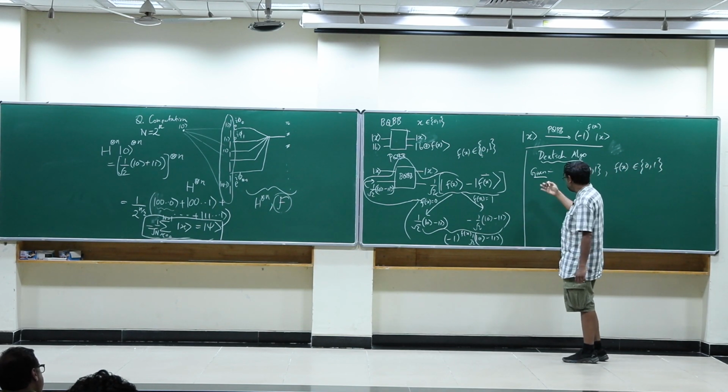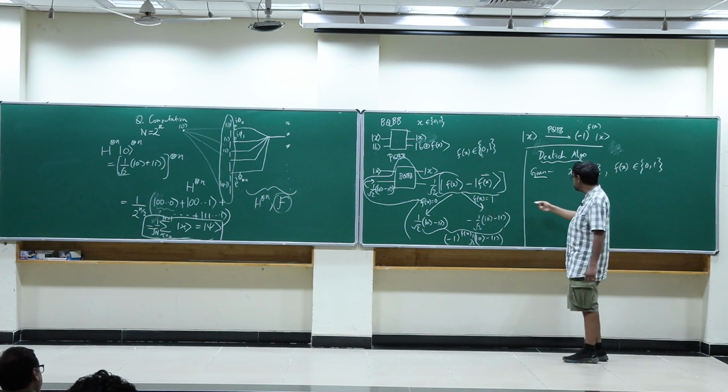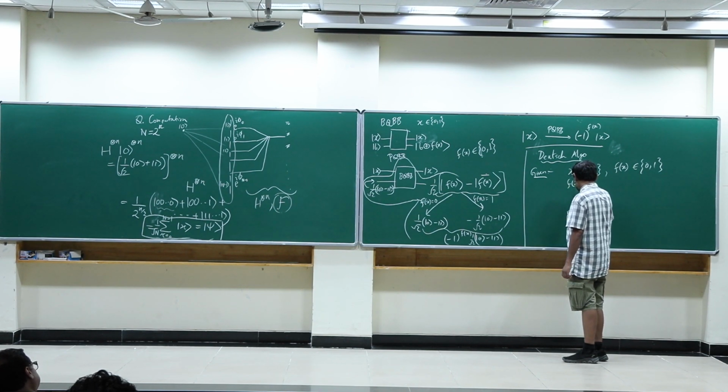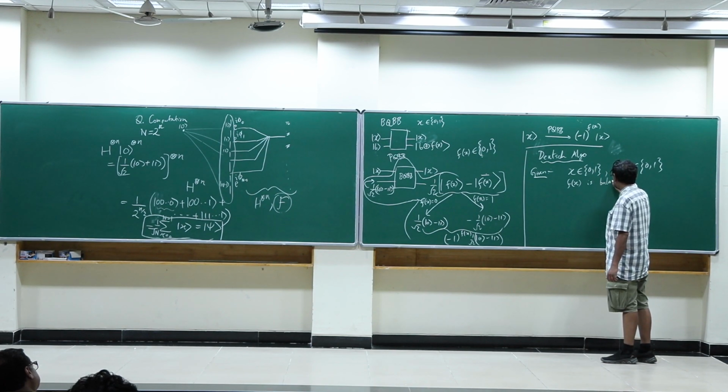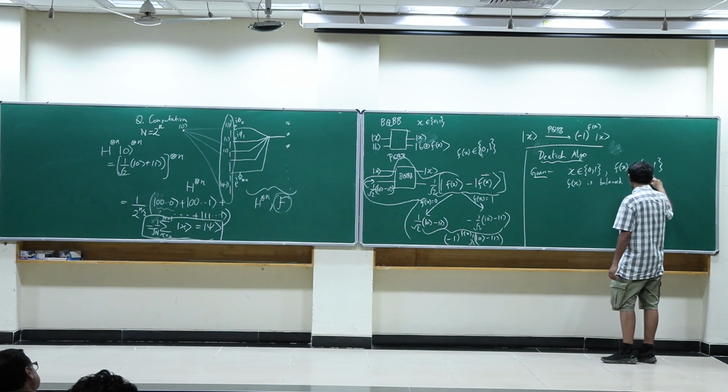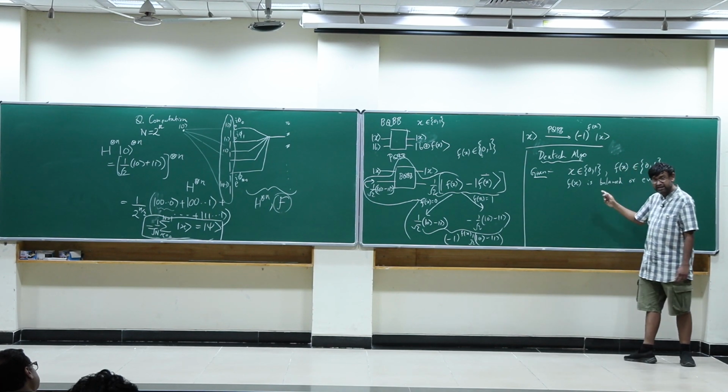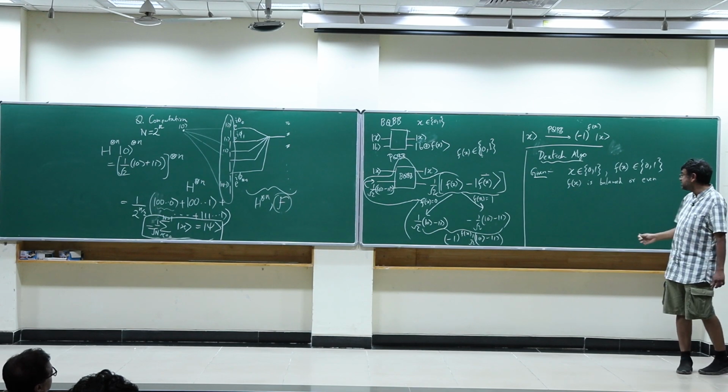That's the thing. These algorithms are a bit artificial because they have a promise. The promise is that f(x) is balanced or even. Balanced essentially means like odd.